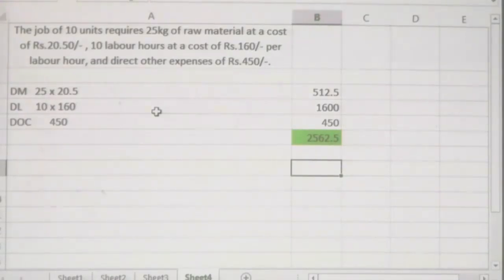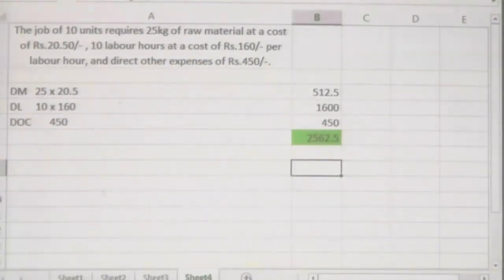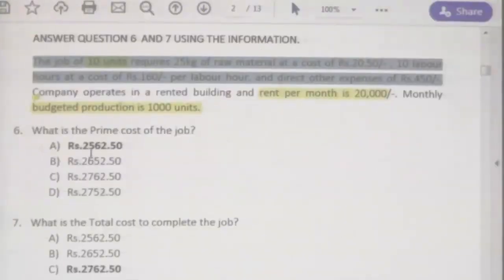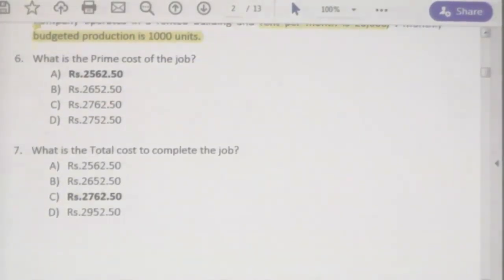You can remember this technique. We use this technique in the preparation of manufacturing accounts, also in financial accounting. Therefore, the prime cost will be 2562.5. 2562.5 is the answer. Now, let's move into question number 7.